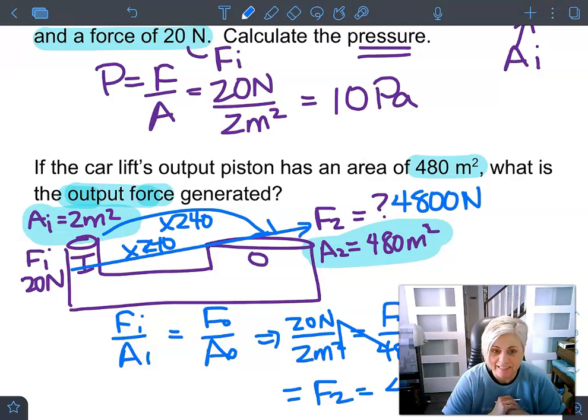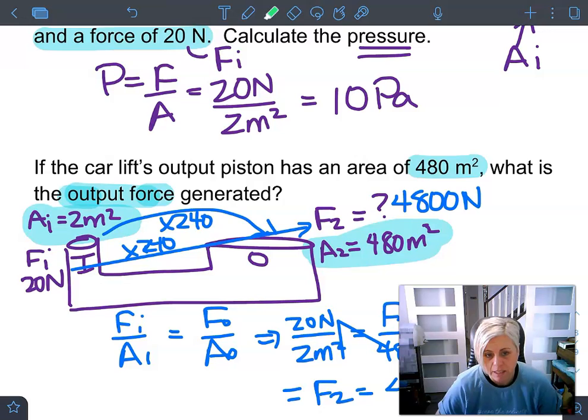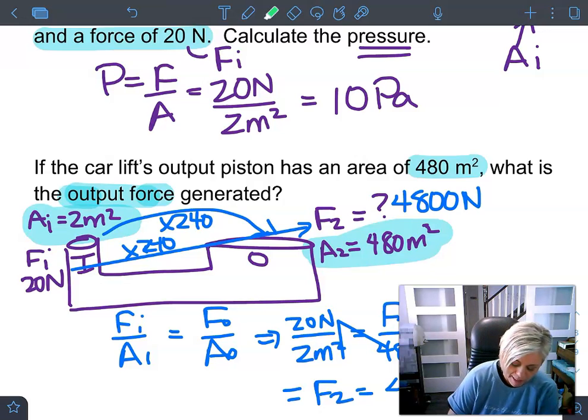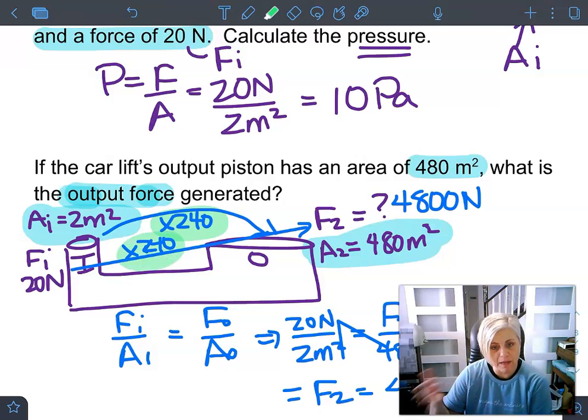Now the last little thing to show you, which is interesting and relates to mechanical advantage, is that this number right here, this factor, the number of times that the force and the area are multiplying by, is the mechanical advantage of that hydraulic device. So the mechanical advantage is the number of times it can multiply your force.